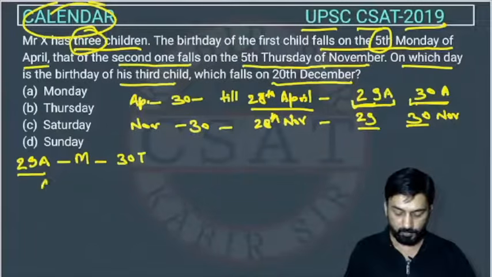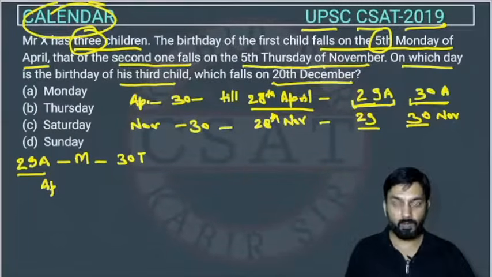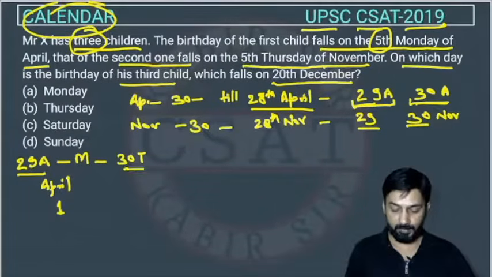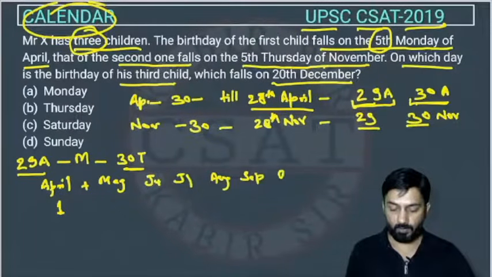So now we will count the odd days. In April there is 1 odd day, right? Then May, June, July, August, September, October, and November.